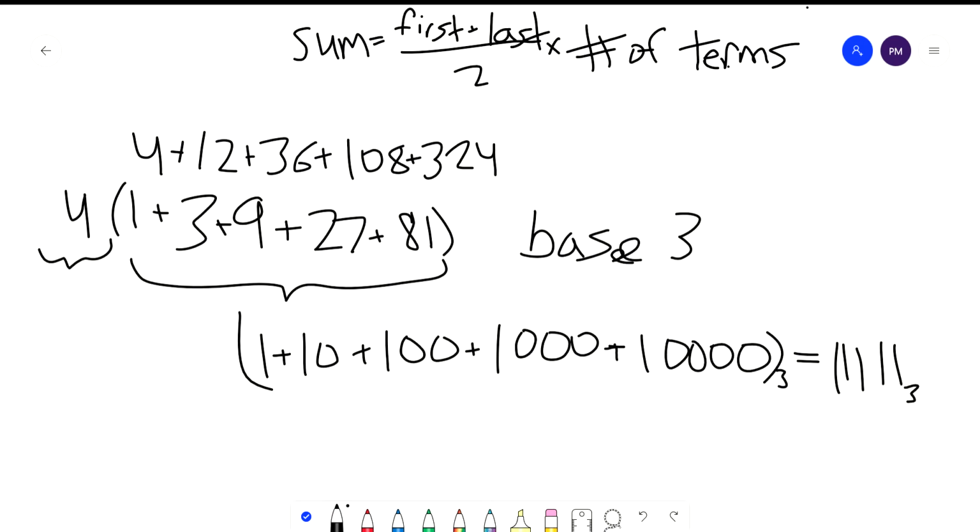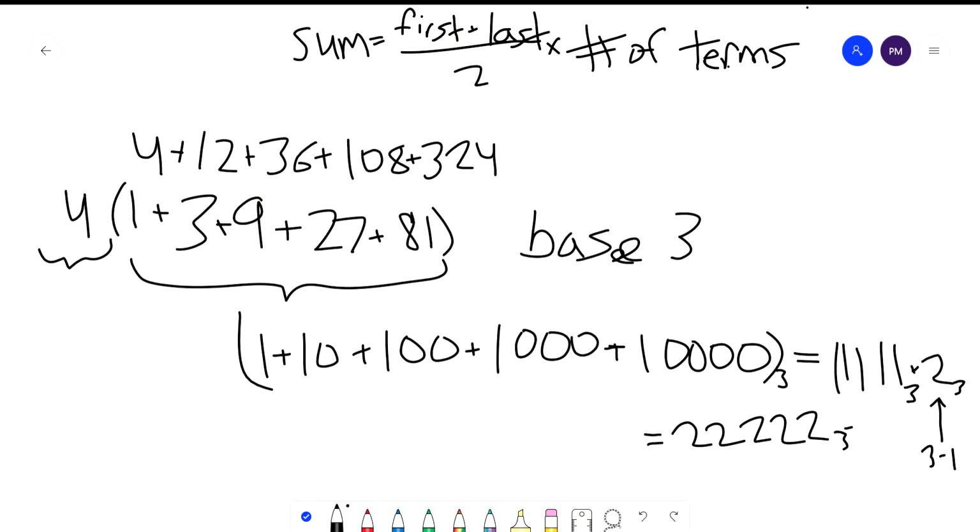And now it may not appear that this will help us, but if you multiply this by 2 in base 3, and we use 2 because it's the base minus 1, so this is 3 minus 1, we get 22222 in base 3.